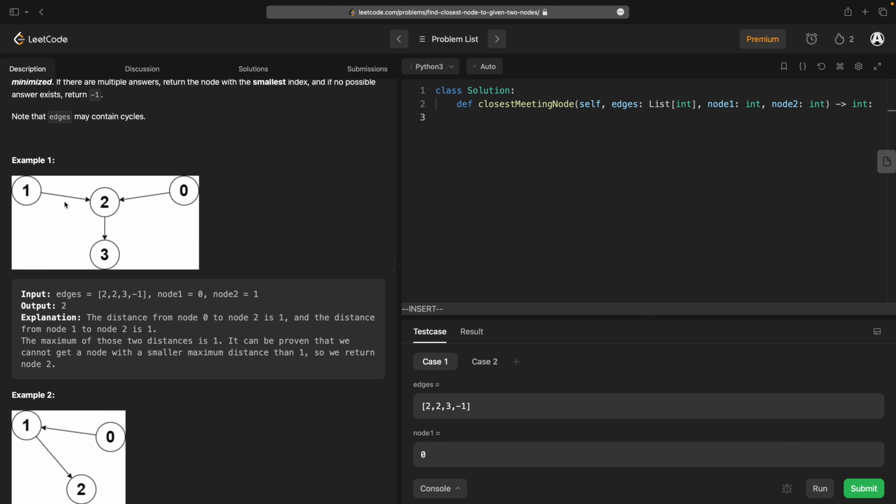Does that make sense? So for example here, it walks all possible paths out from itself. The nodes it can reach are 1, 2, and 3 in that order. From 0, we can walk 0, 2, 3 in that order. The first place that these two meet is at 2.